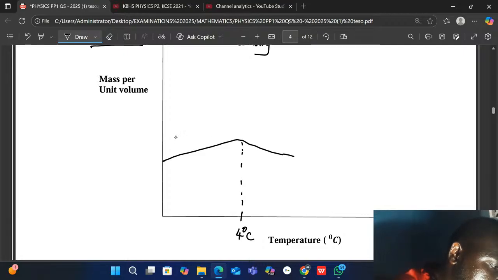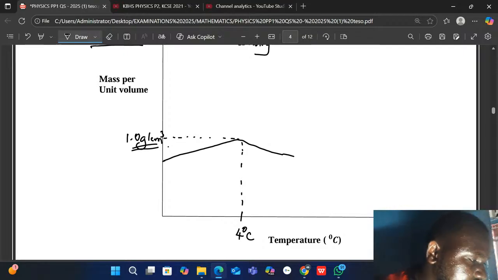So I'll point out that this becomes the maximum density of water at 4 degrees Celsius, that is of 1 gram per cubic centimeters.